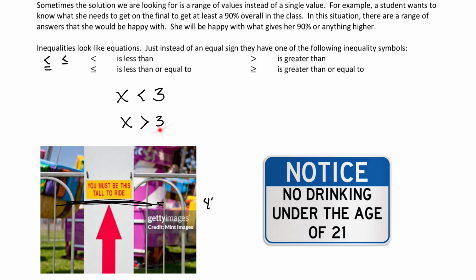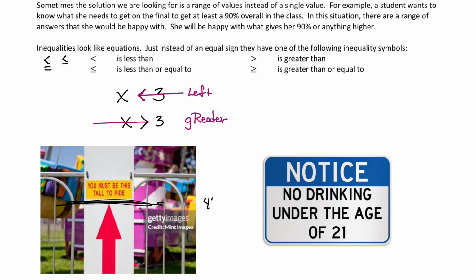So these two are basically opposites of each other, almost. So how do you tell them apart? Here's a couple ways of thinking about it. A less than points to the left, and a greater than points to the right, so that you have left and right, so greater and less.